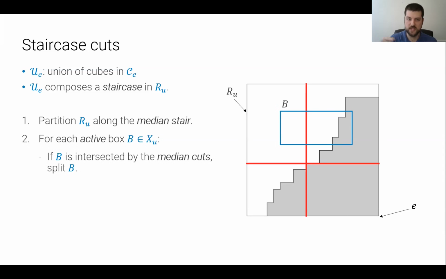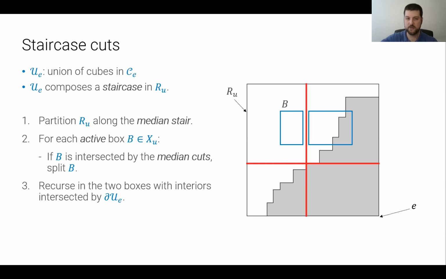So if we take XU and every active box within it, we are going to split it by these median cuts. For example, we have box B here, and this median cut is cutting through. We will perform that cut and split it into 2 pieces. And we'll do this for every active box.